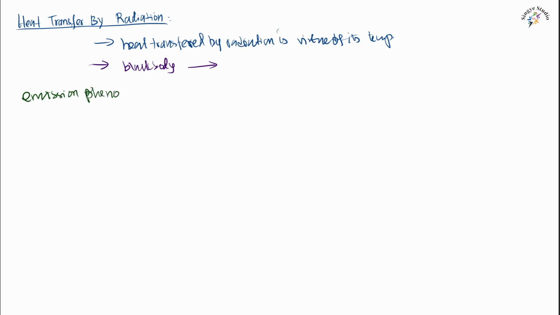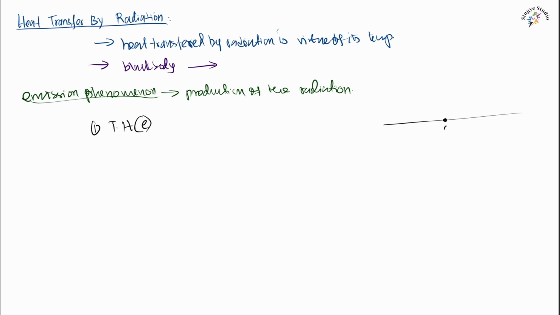Then we learned the basic definition for the emission phenomenon of radiation. Emission is something to produce, right? Production of the radiation, okay? There we also saw a few terms like total hemispherical emissive power, which we called E. If there is some source, then this source will emit thermal radiation in all directions.